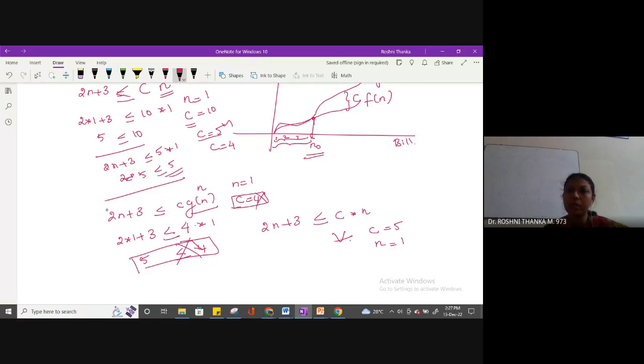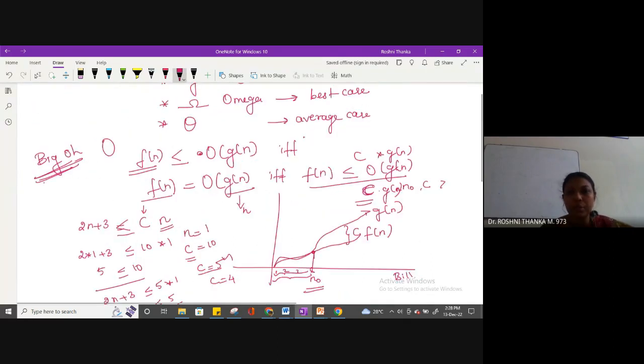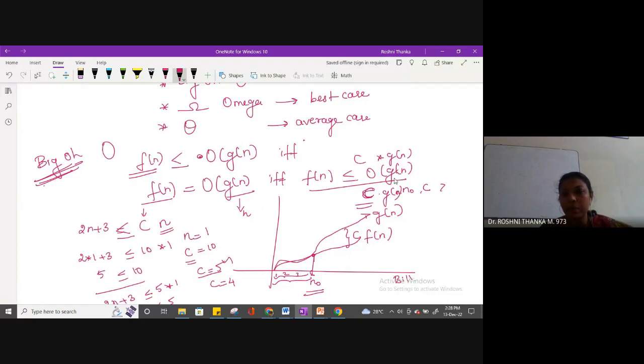This is how I can conclude for big O for any of these problems. The condition is always that f of n should be less than or equal to big O of g of n, and we have to substitute some value and find it. Whatever value we get from this algorithm will be definitely less than g of n, because we are finding the worst case. It will never go beyond this. In such a way we have to find the worst case.